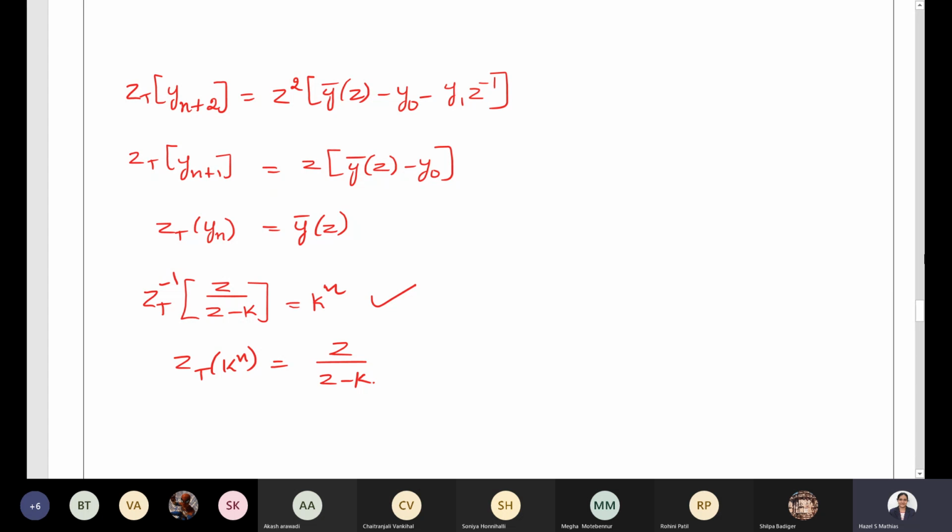In many problems we have used this formula, and only in the last few problems have we used different formulas, which we discussed in the first topic on standard Z transforms. I have given the list of standard Z transforms. There are only 7 to 8 standard Z transforms which you need to remember.